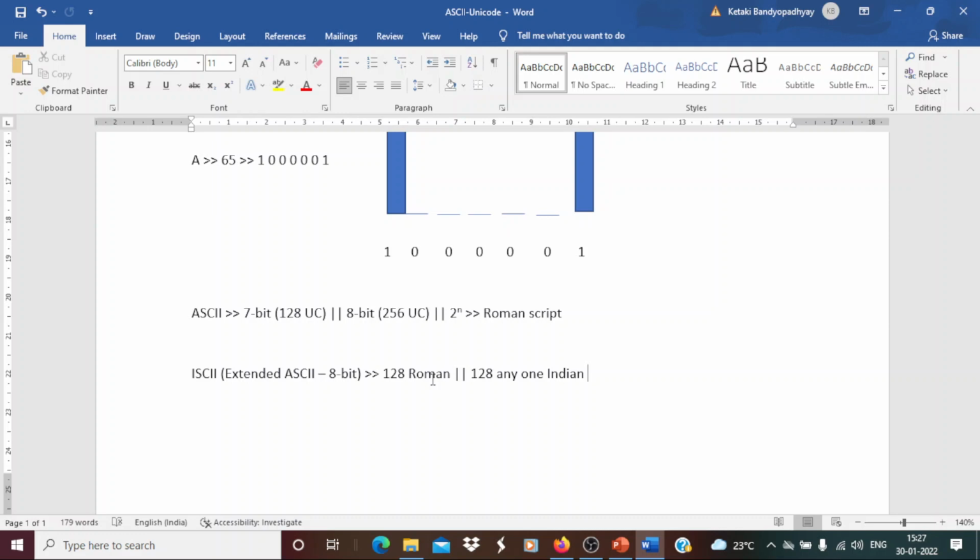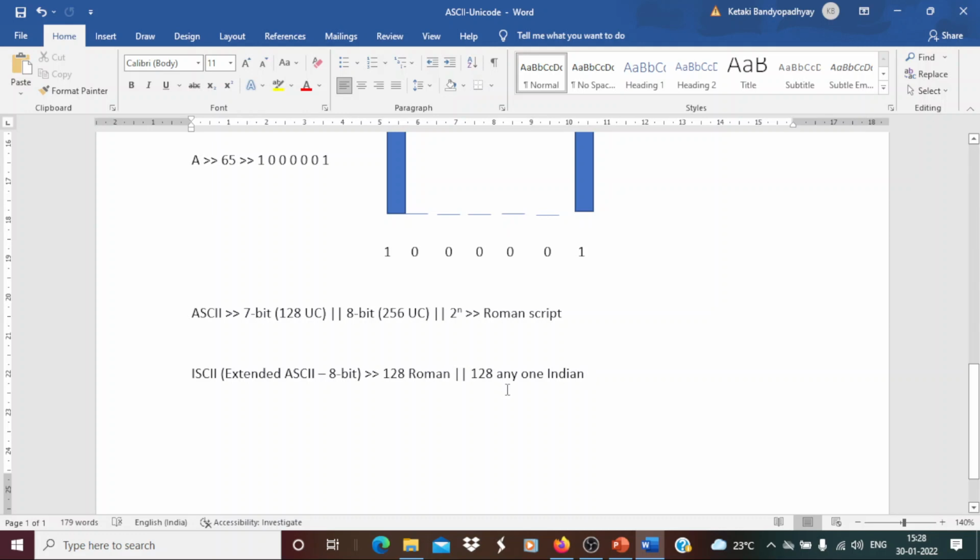Then the remaining 128 characters they utilized for any one Indian language for multilingual computing. So ISCII is, you can say, a bilingual text encoding system. One is English, another is any one Indian language like Hindi, Gujarati, Punjabi, Bengali, Tamil, Assamese, and so on.